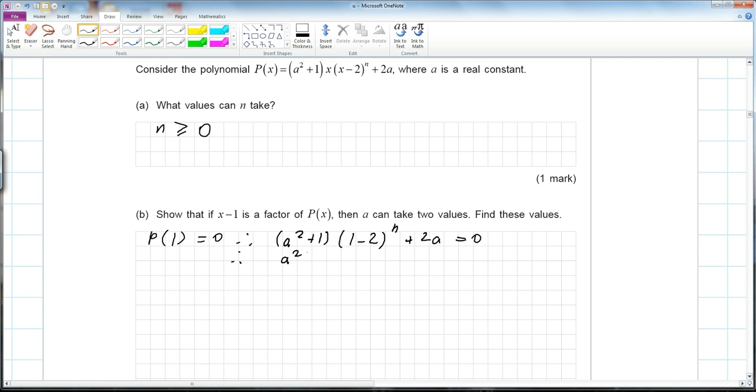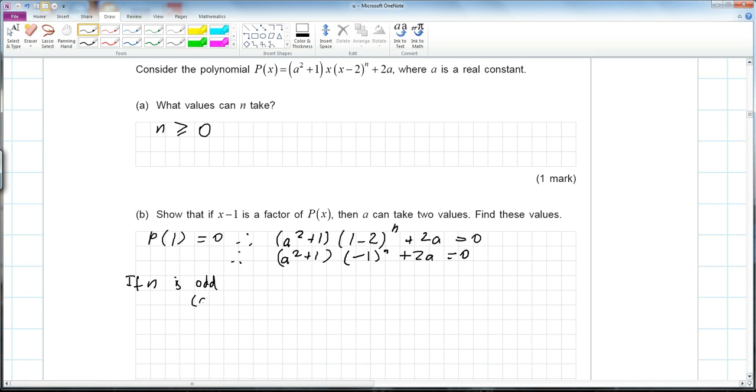Therefore, a squared plus 1 times minus 1 to the power of n, plus 2a equals 0. We want to look at two different cases, if n is odd to begin with. If n is odd, then minus 1 to the power of n will end up being minus 1.